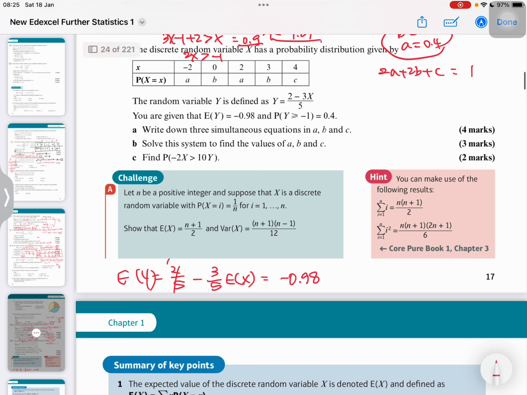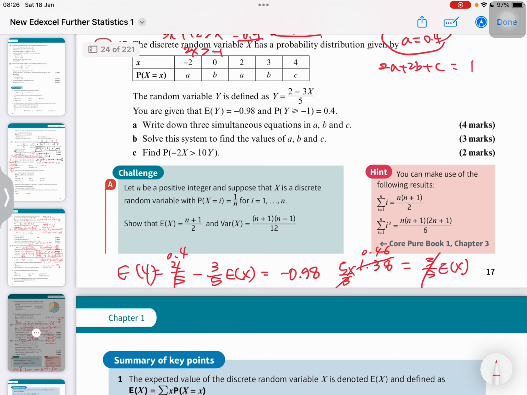So this is 0.4, so 3 over 5 E(X) times 5 over 3 gives 2.3. So negative 2a plus 2a plus 3b plus 4c should be 2.3. So 3b plus 4c is 2.3.